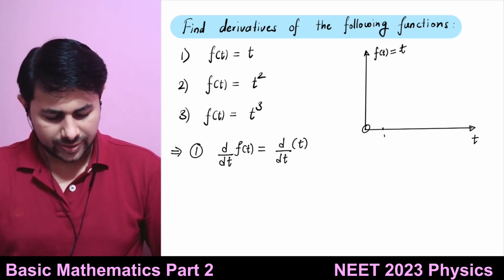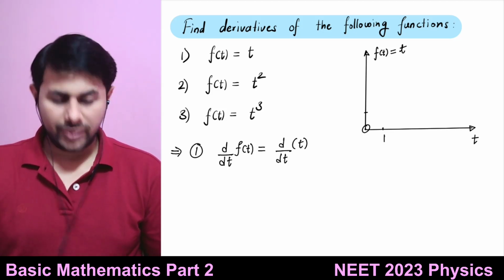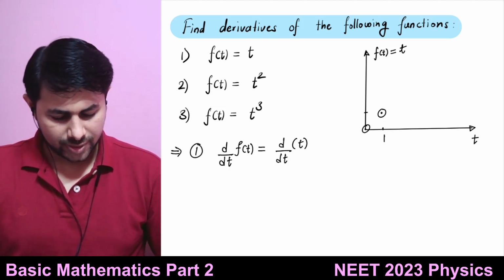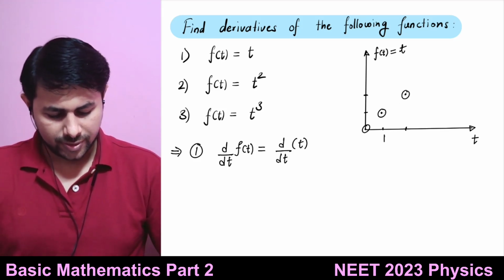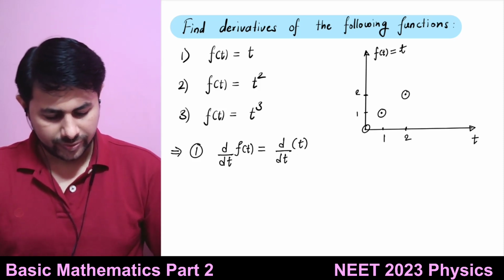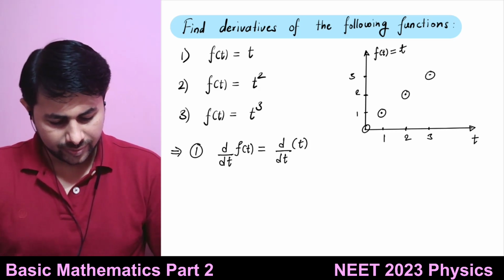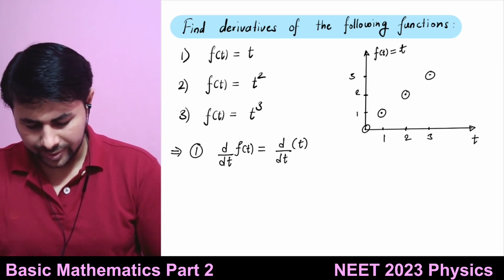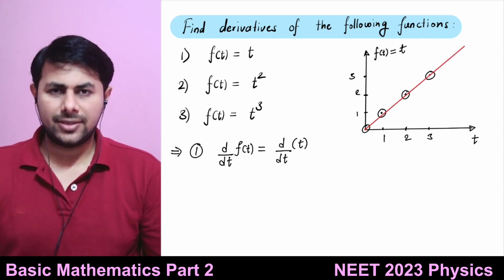When t is 1, f of t is 1. When t is 2, f of t is 2. When t is 3, f of t is also 3. So the graph will look like this. It will be aligned like this.